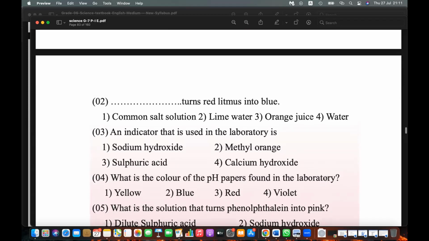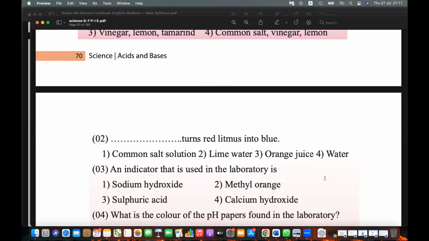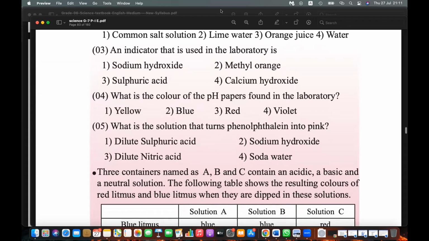Turns red litmus into blue. What turns red litmus blue? It should be a base. As a base we can take lime water. Second one, number 2. Lime water turns red litmus into blue. Now number 3, 4 and 5, please send the answers.